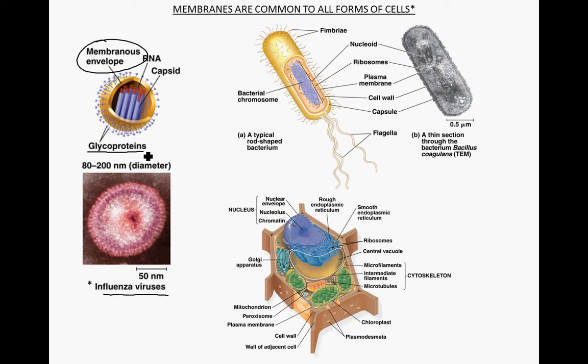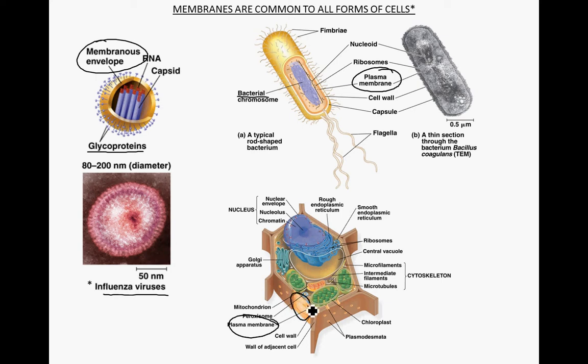Here we have the plasma membrane or the cell membrane in bacteria, or prokaryotes. And then, of course, in eukaryotic cells, like the plant cell that we see down here, we have the plasma membrane, the cell membrane inside of the cell wall. And so here's this plasma membrane identified there inside the cell wall.